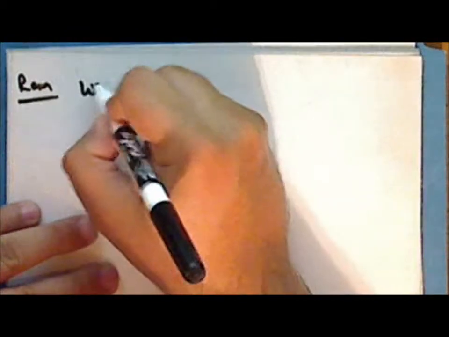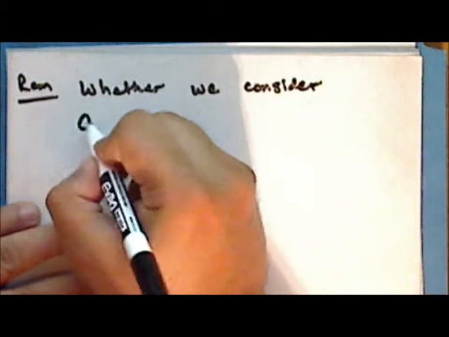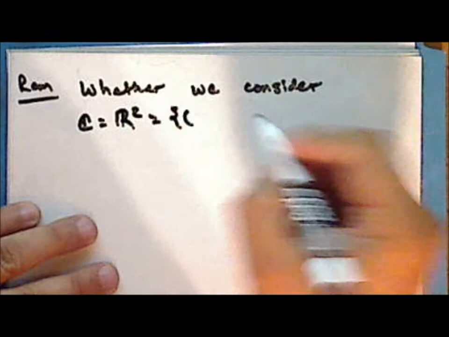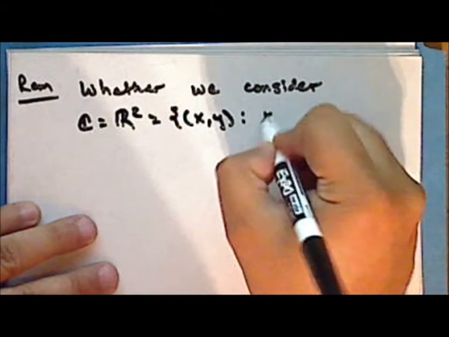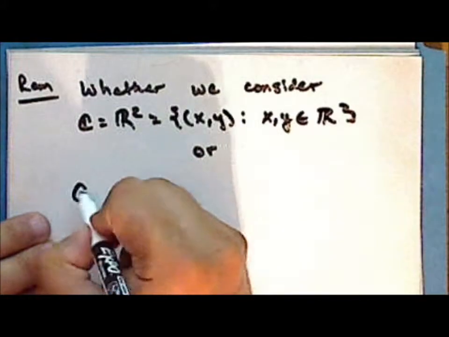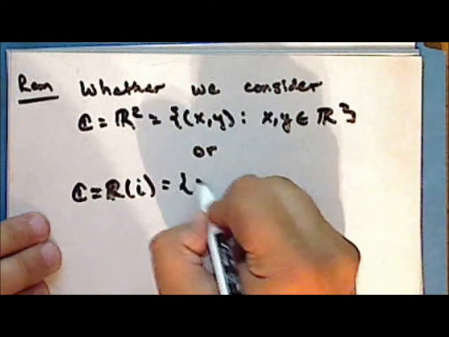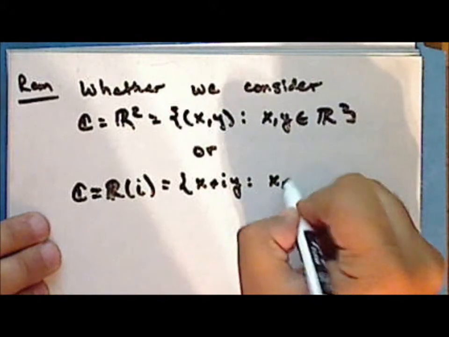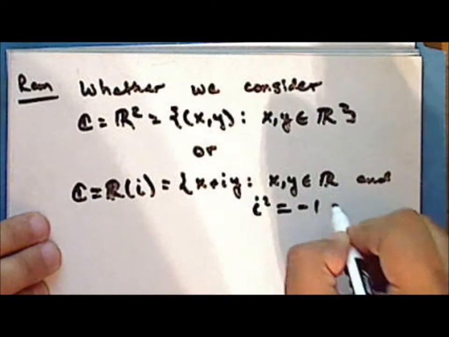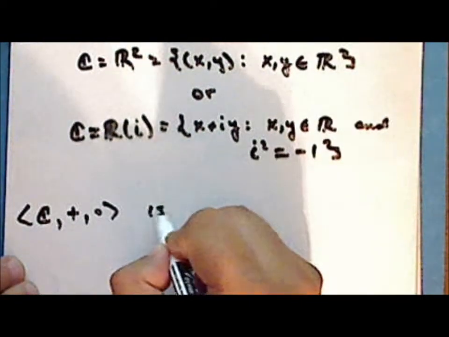So notice, whether we consider the complex numbers as the coordinate space R squared, in which case we consider the complex numbers as ordered pairs of real numbers, or if we consider the complex numbers as the algebraic extension of the reals to include real multiples of the number i, where i squared is the real number negative 1, the complex numbers, together with addition and multiplication, is a field.